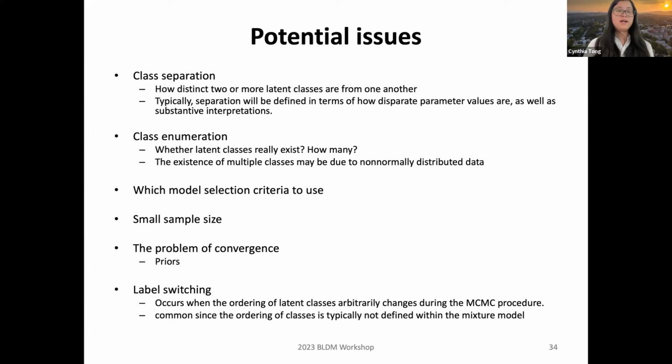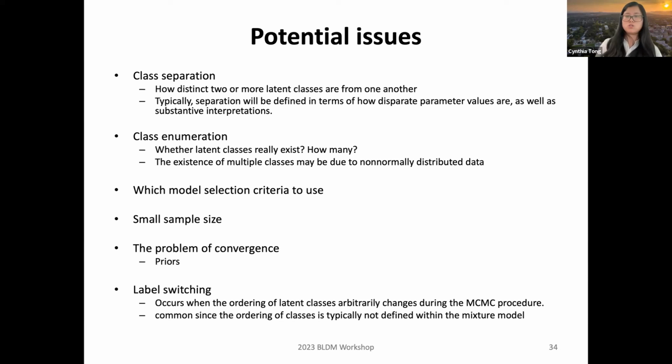Another problem I already mentioned briefly a few minutes ago is the label switching problem. It occurs when the ordering of the latent classes is arbitrarily changed during the MCMC procedure. It is very common since the ordering of the classes is typically not defined within the mixture model.